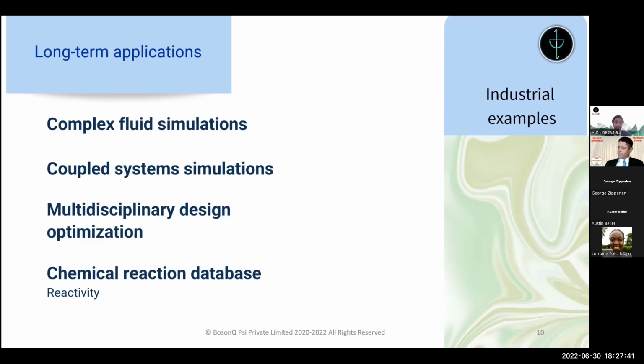And the last one, chemical reaction database, creating a database for chemical reactions. And of course, there is already a database for chemical reactions. However, more and more different chemicals are being discovered, especially on the material design as well as the pharmaceutics aspect of it.